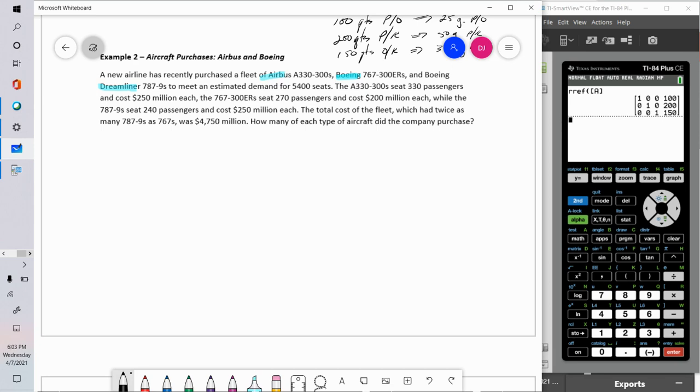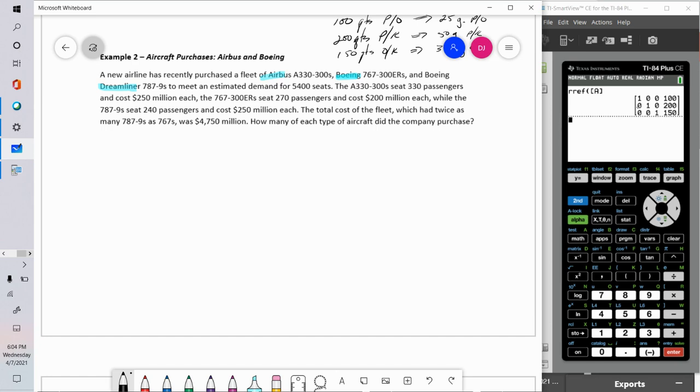Let's keep going. The Airbus seats 330 passengers, and they cost $250 million each. The Boeings seat 270 passengers and cost $200 million each, while the Dreamliners seat 240 passengers and cost $250 million each.